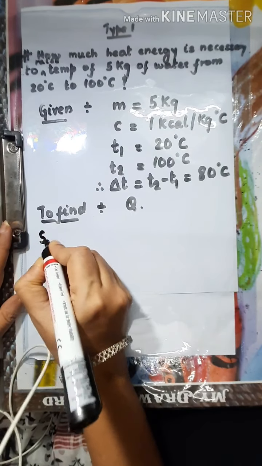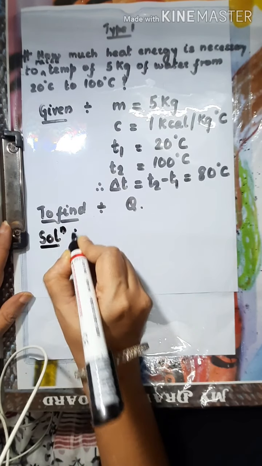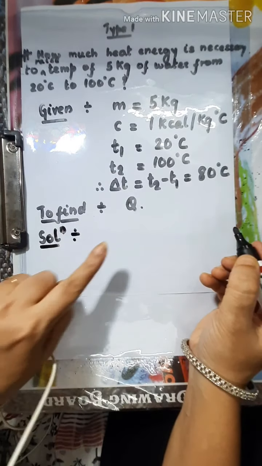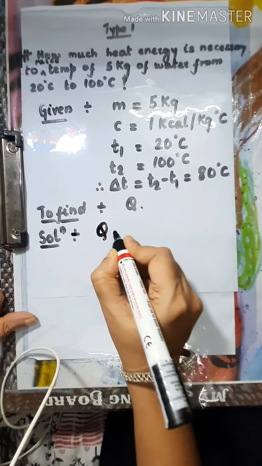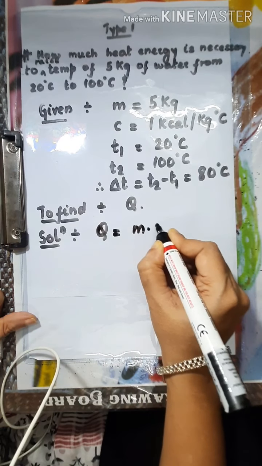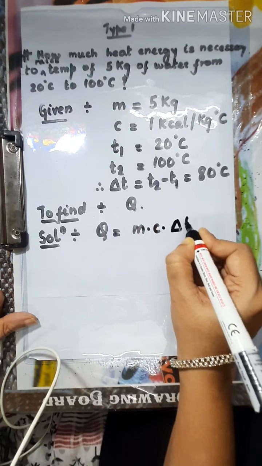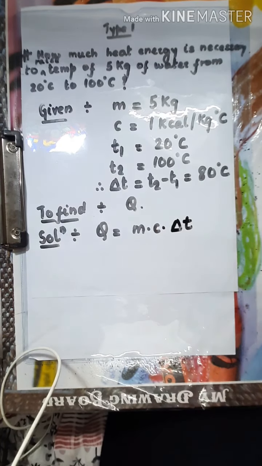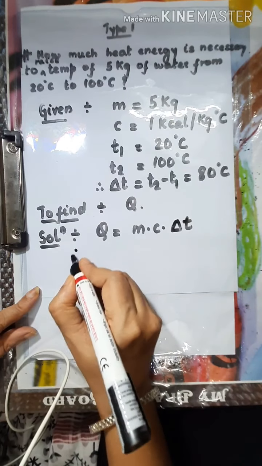Now, am I changing the state or am I increasing the temperature? I am increasing the temperature. So I will use the formula Q is equal to M into C into delta T, because I am increasing the temperature. That is why I use delta T.